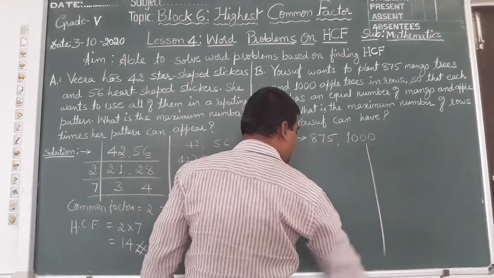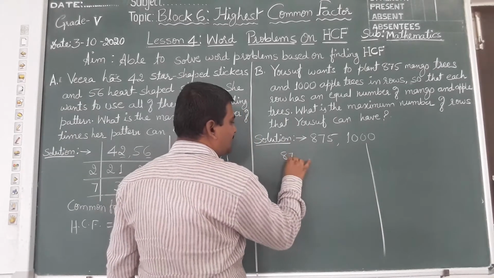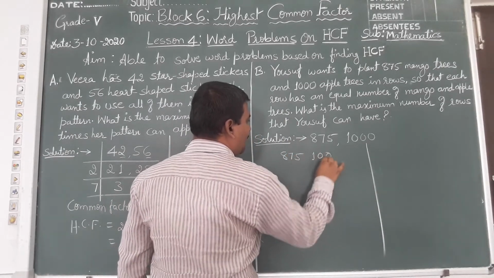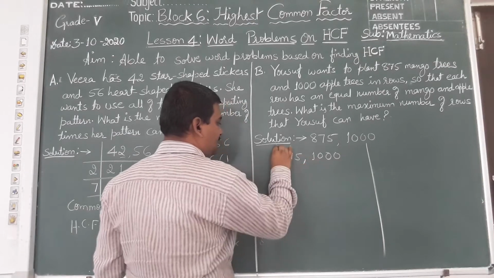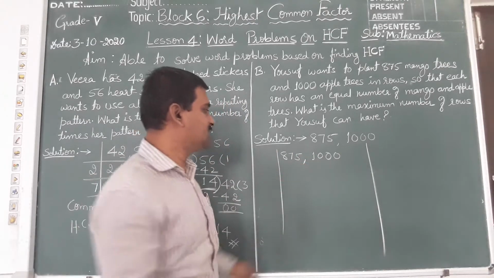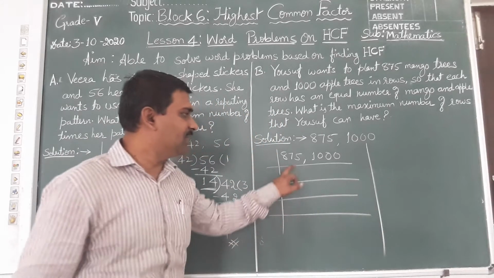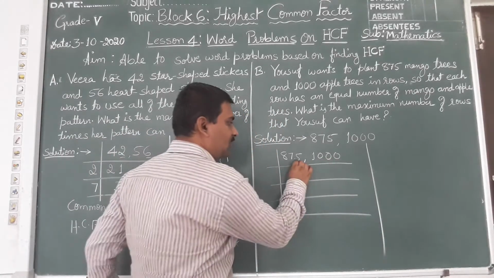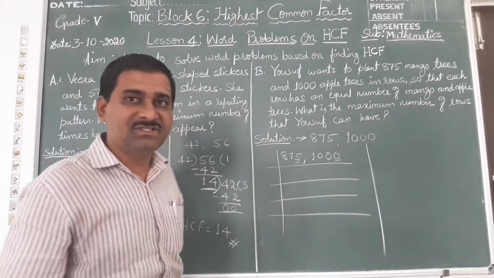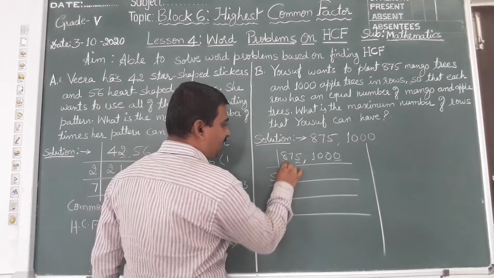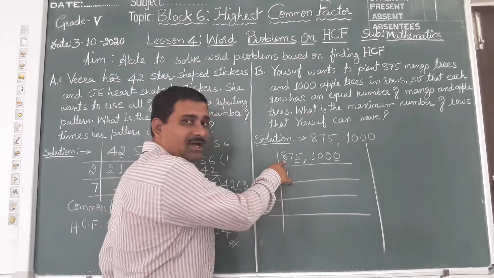As I said just now, you can find this by the common division method. When you see the ones place, if you find ones place 5 and 0, we should start with the divisibility rule of 5. So 5 ones are 5.